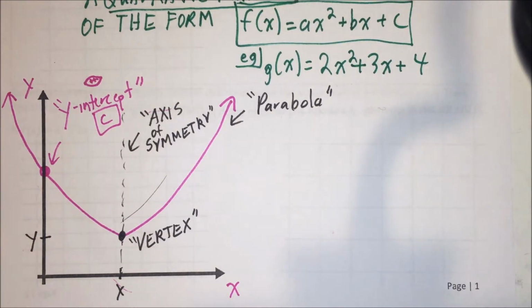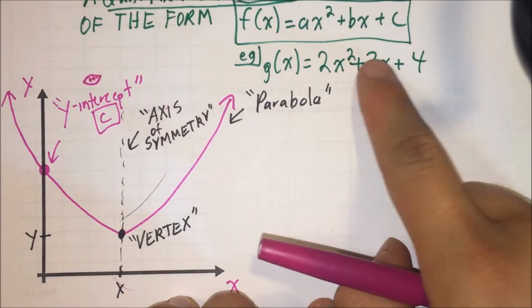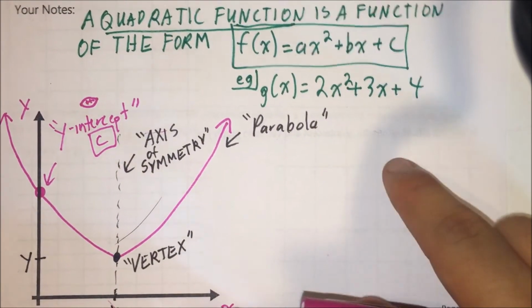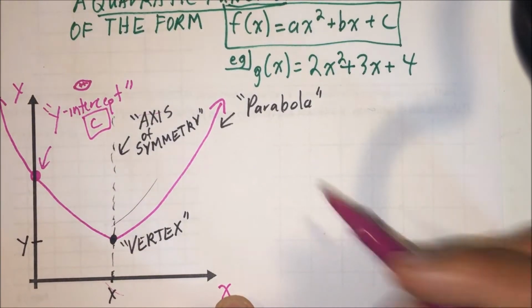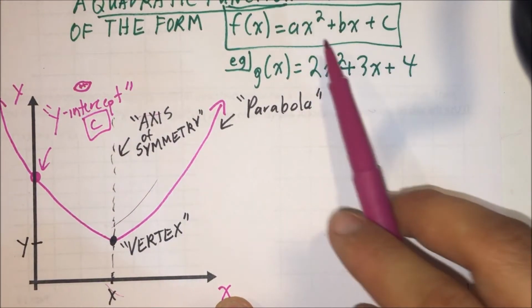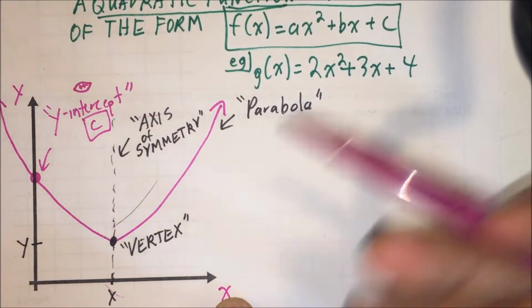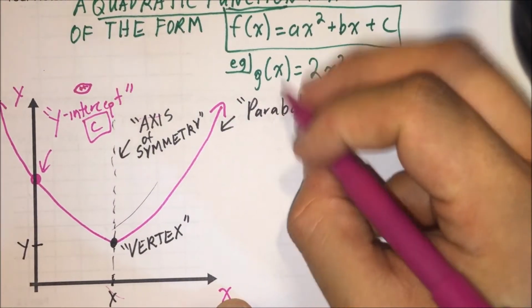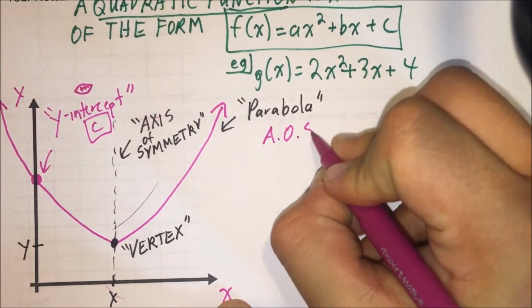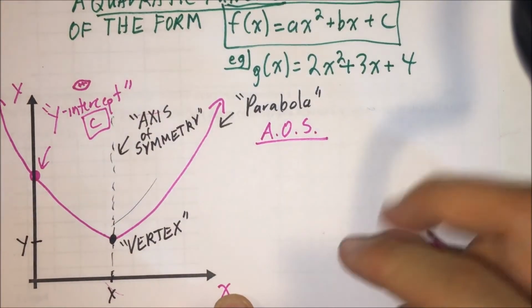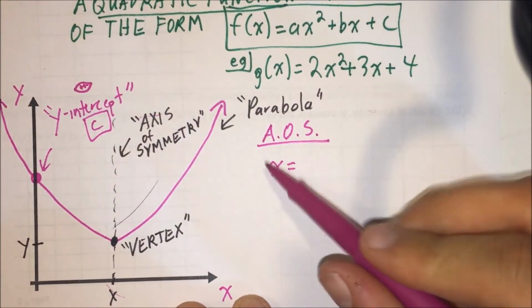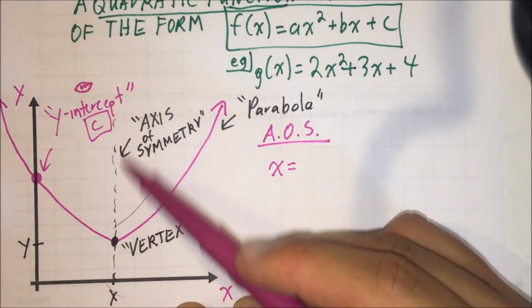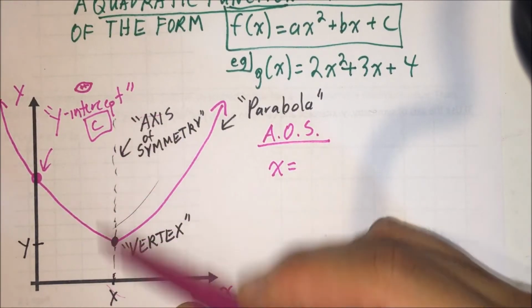Now, there are ways that we can look at the function of a quadratic and determine what these are on the graph. We can use the information given to us in the function to actually draw the graph. If I want to know the axis of symmetry, I'm going to say x is equal to, because anytime I enter x equals a number into a graph, that gives me a line that goes straight up and down.